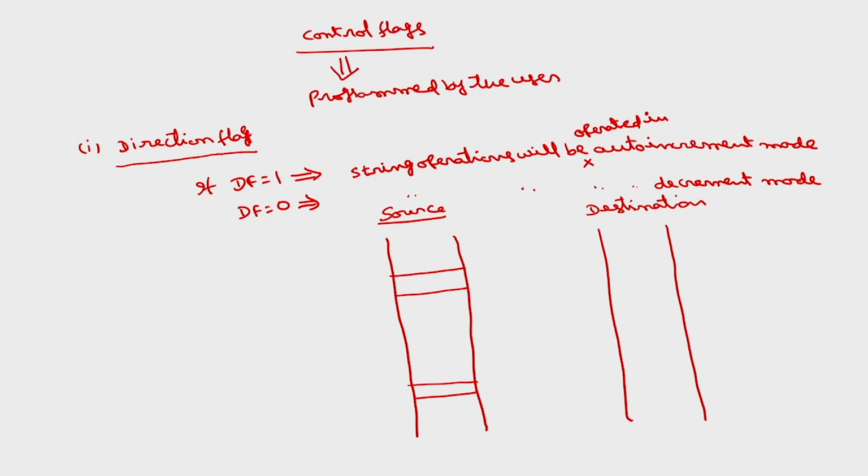Say the starting address of the source is 50,000H. If you want to transfer 100 bytes, decimal 100 bytes, to here, it is a block transfer.